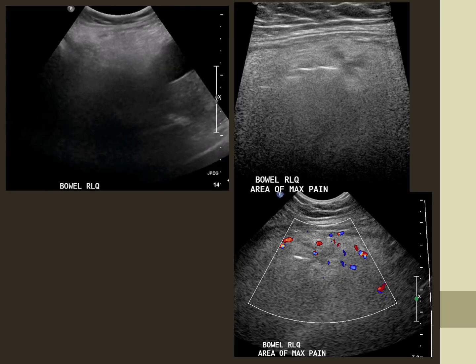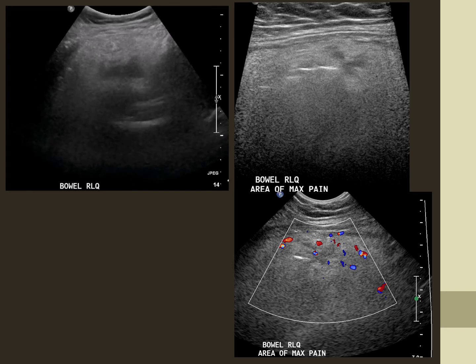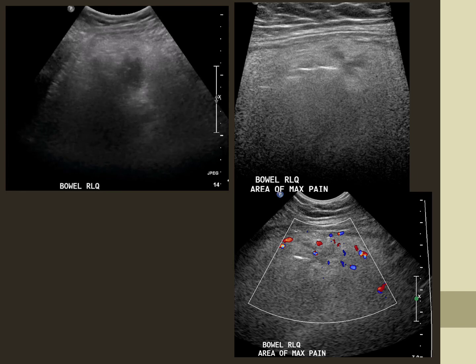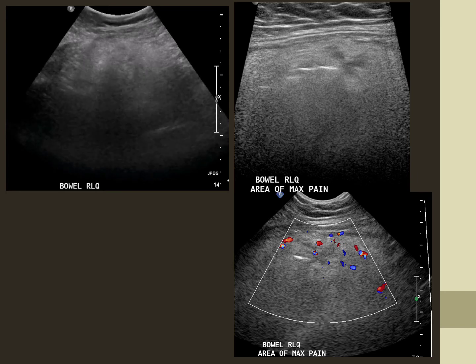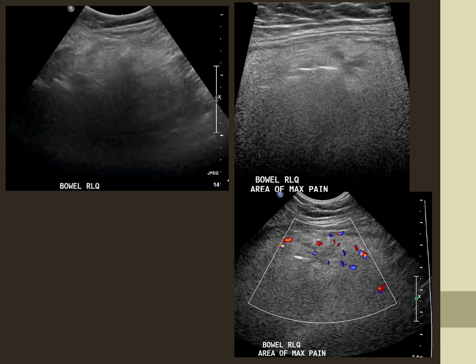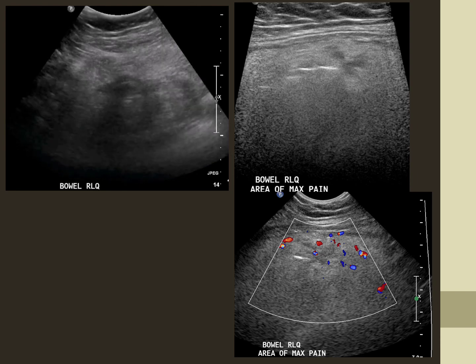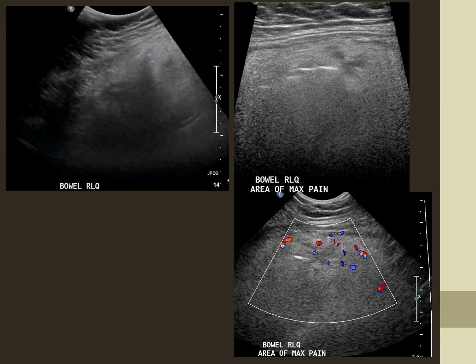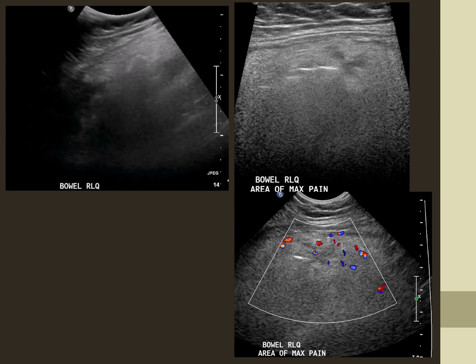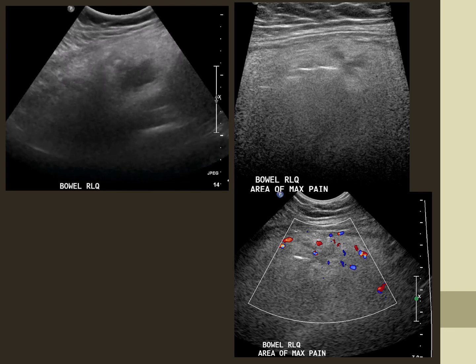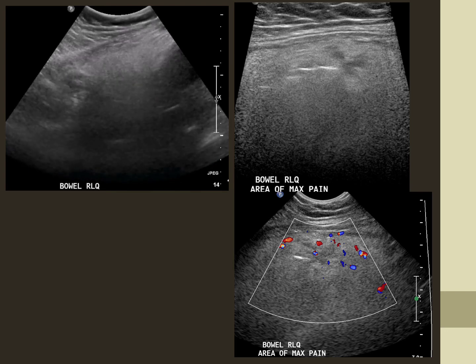Shown here is a patient who presented with severe right lower quadrant pain, and as you can see from this video clip, there is an area of increased echogenicity in the right side of the abdomen. This is another image showing the increased echogenicity and site of maximum pain.